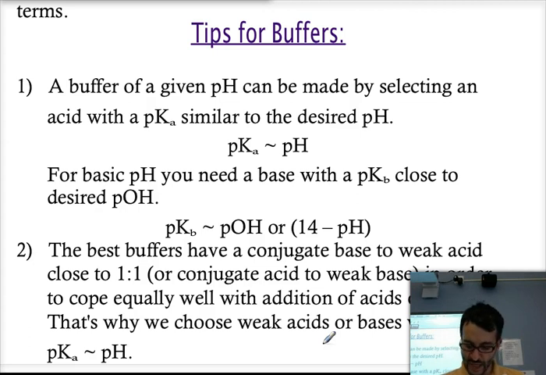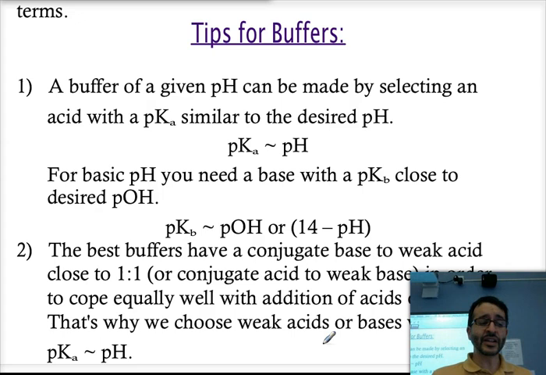If I keep on looking, I would find that bromoethanoic acid has a value of 2.90, or even iodoethanoic acid has 3.18. Those two would be good choices because they are close to the value that I want for the pH of the buffer. And then I would use the conjugate salt for one of those. Preferentially, I would use bromoethanoic because it's closer.